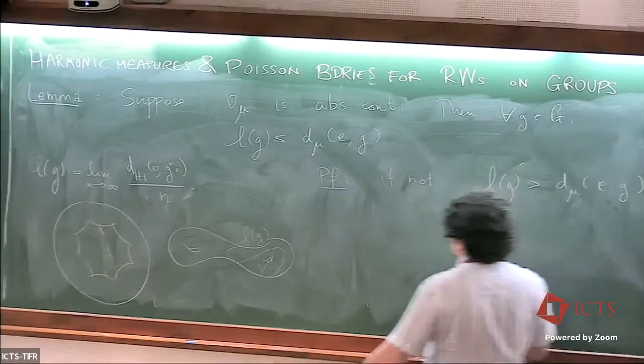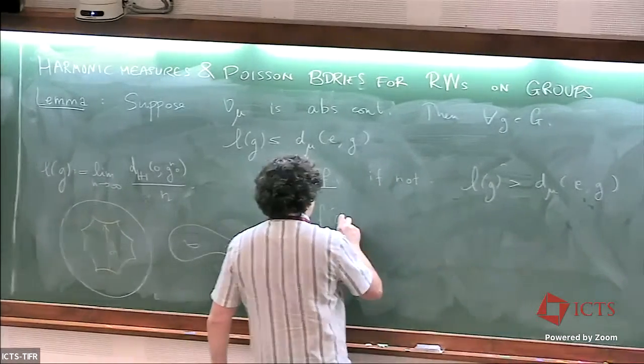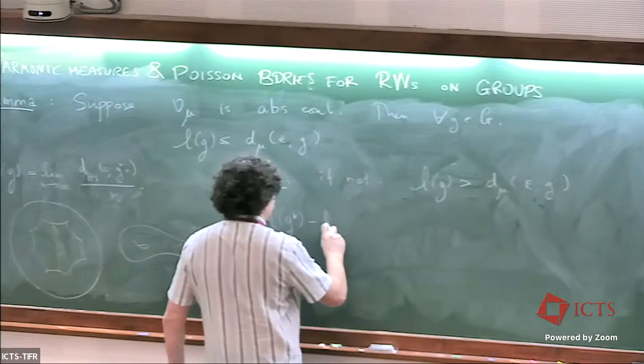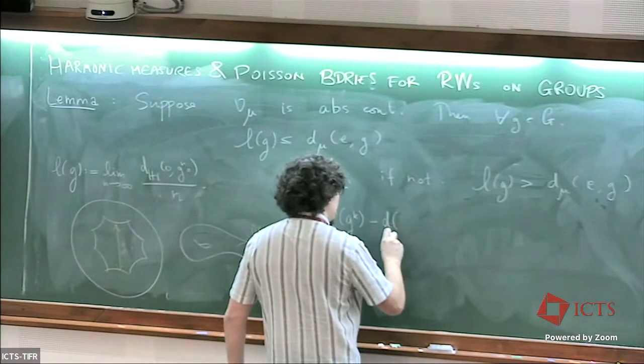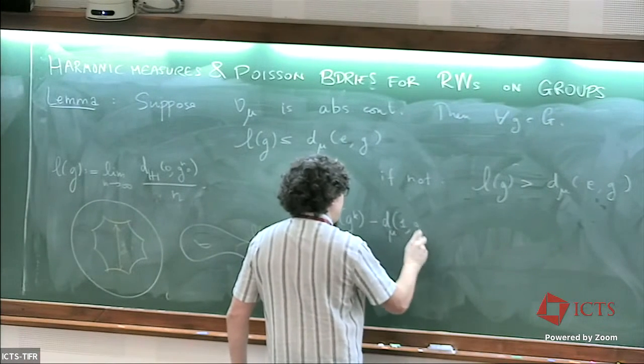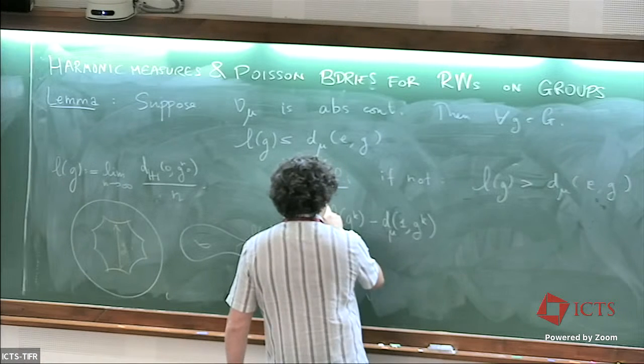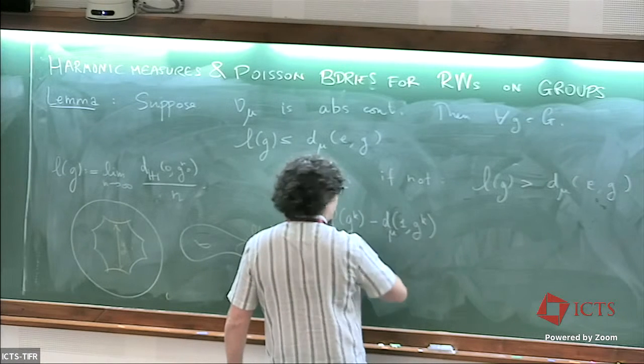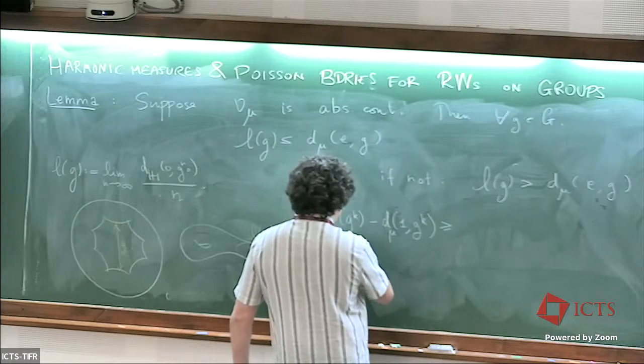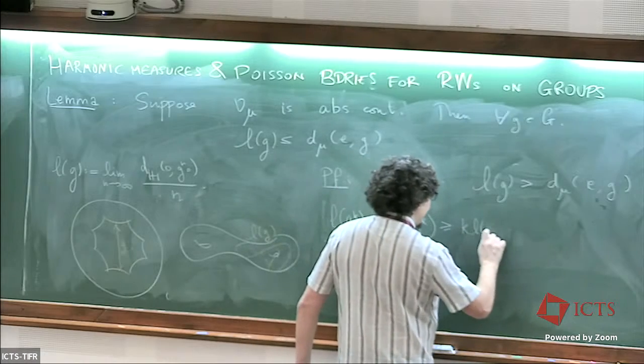So it's very simple. If you look at L of G^k minus d mu 1 of G^k, well, L of G^k is k times L of G by definition.